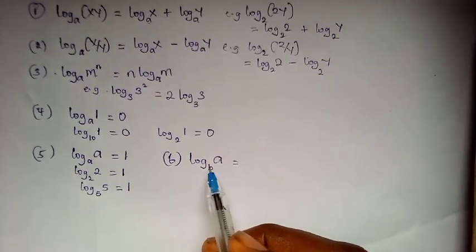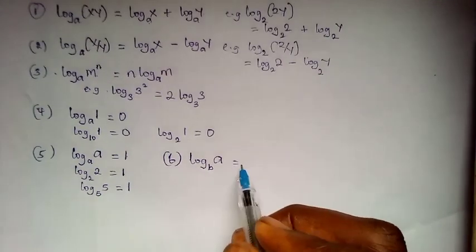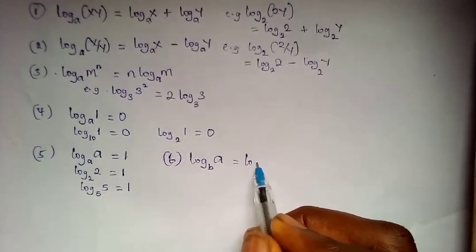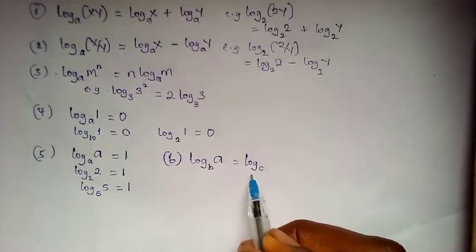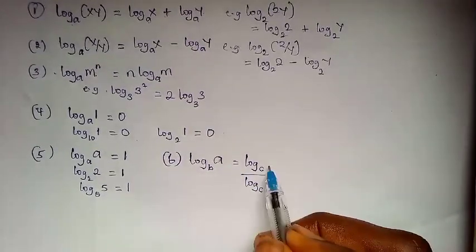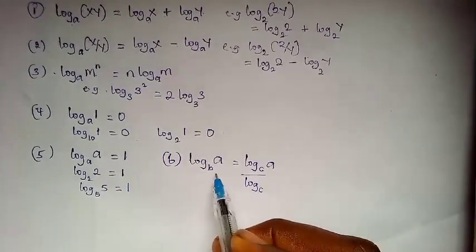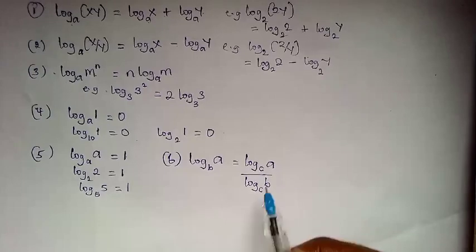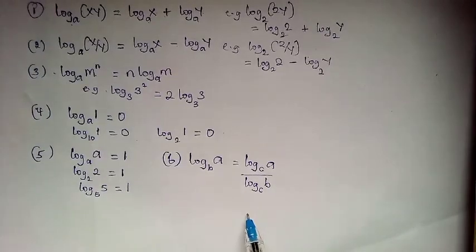Let's say you want to change the base to c. In order to do that, you say log to base c over log to base c, with a as the numerator and b as the denominator. This is the change of base law.